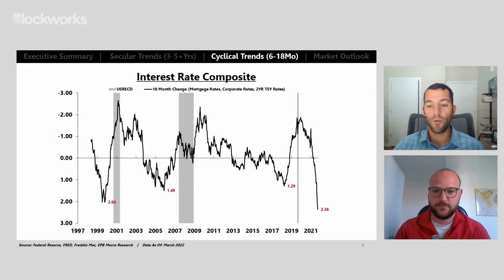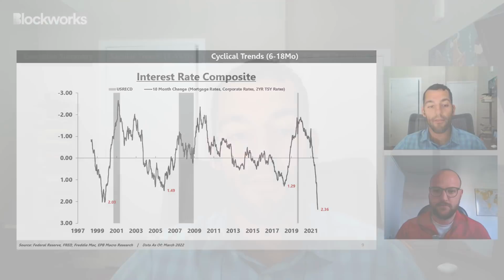When we look at the landscape now, one of the things that's moving is interest rates. In fact, if we look at interest rates on an 18-month basis, which is what I like to do, because historically changes in interest rates roughly have about an 18-month lead time over some of these changes, we have one of the largest 18-month changes in interest rates over the last 30 or 40 years.